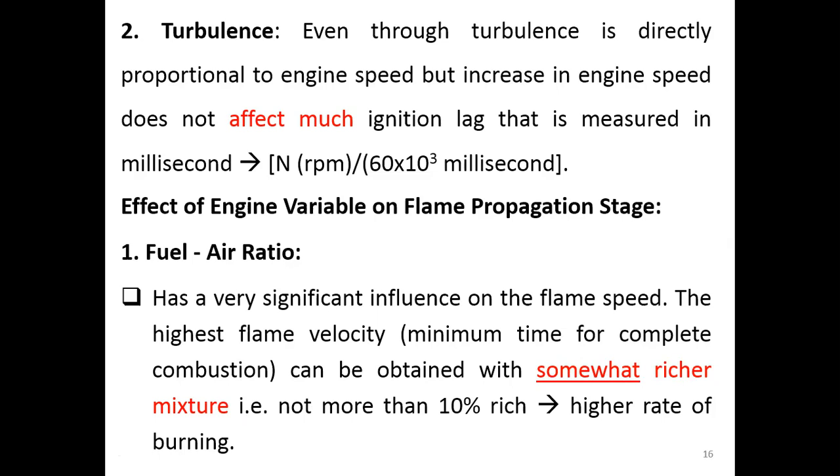So how rich a mixture can we have in order to get the highest flame speed here? They said it's not more than 10% rich. If you go above this number, you don't get the highest flame velocity here. Okay, so if you get the highest flame velocity, you can have a higher rate of burning.